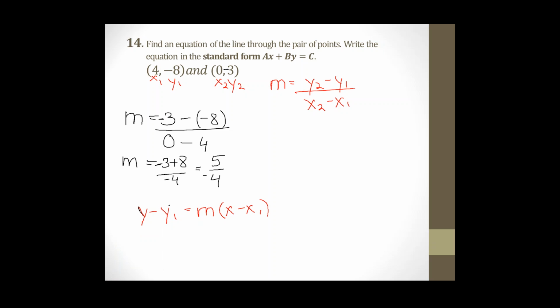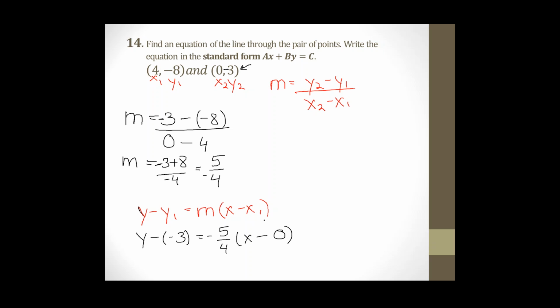For my y1 and my x1, I'm going to use this point, because it looks easier to me, which means less to calculate. I can use either one of the 2 points, but I need to use the x and the y value from the point that I'm choosing. So y minus, and my y1 from the second point is negative 3, equals my m. I found my m, which was negative 5/4, and then x minus x1, and in this case x1 is 0.